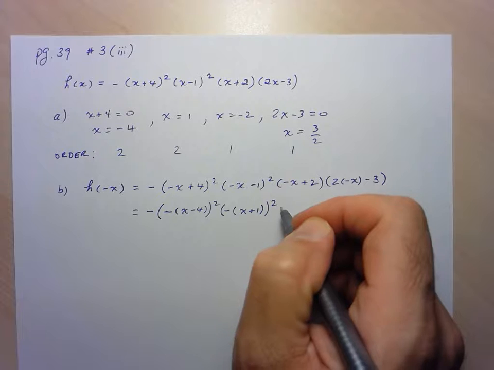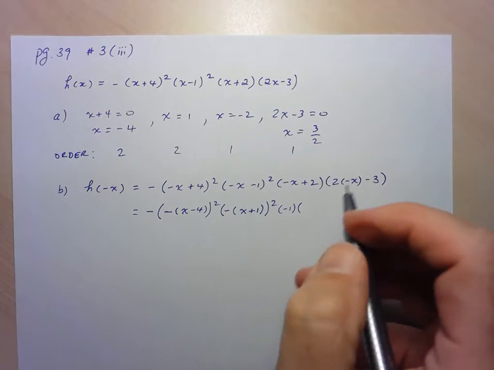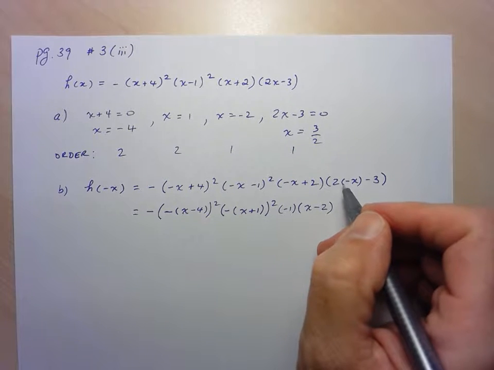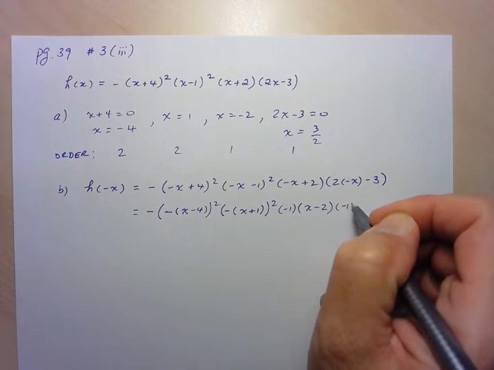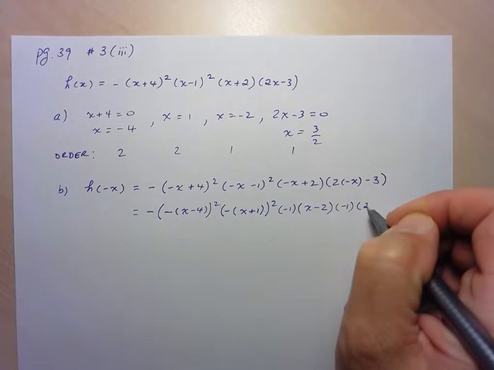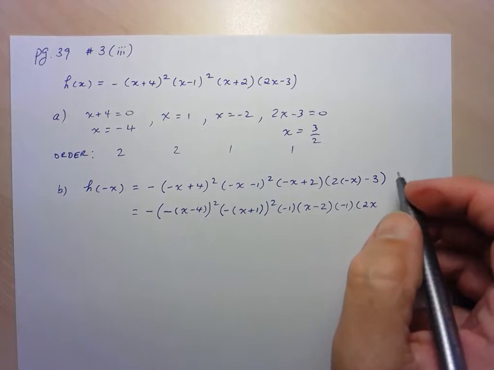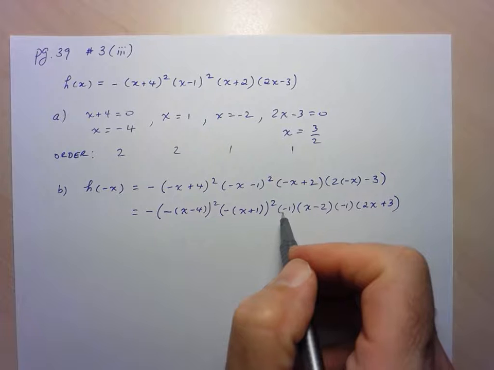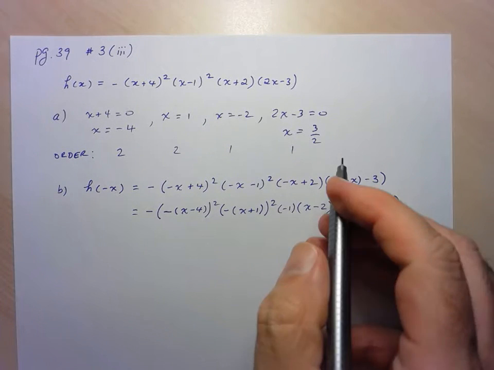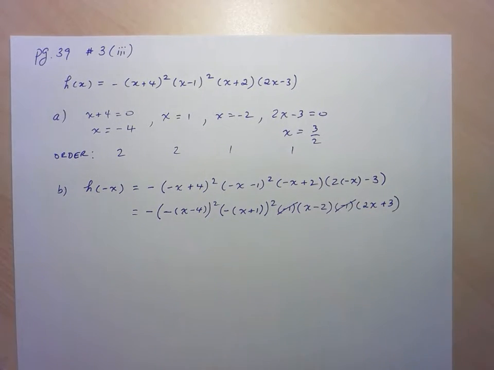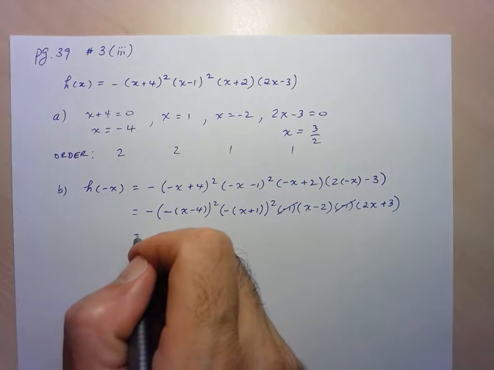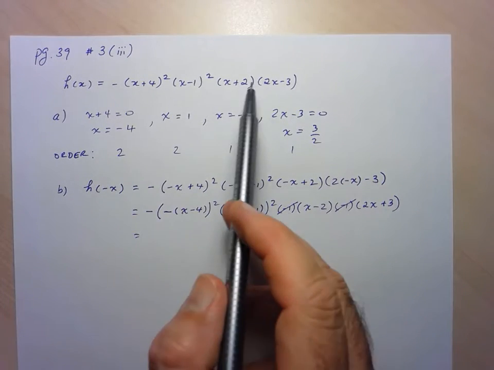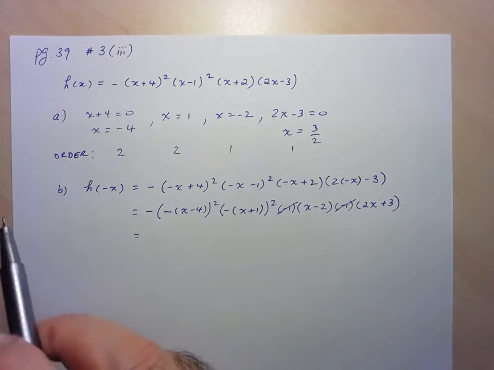Here we'll factor out a negative 1, and we've got x minus 2, and we factor out a negative 1 here, and we've got 2x plus 3. Right off the bat I see that these two negative 1s will multiply to 1, so those have no effect. And again, I want this expression to look as much like the original one so I can make a determination whether they're equal.